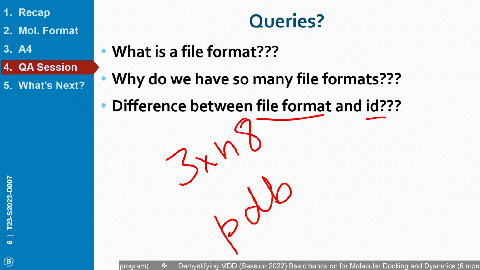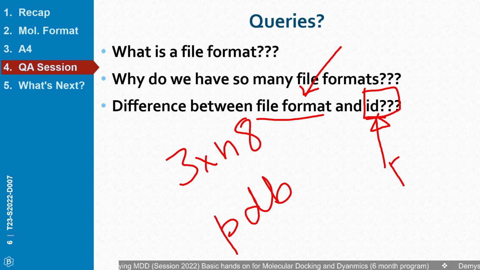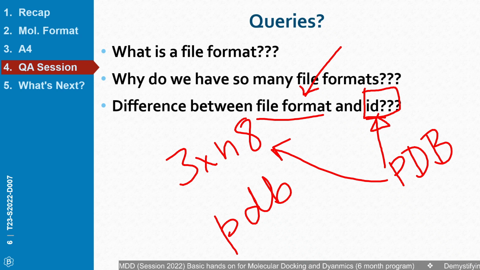I already told you that a file format has a specific syntax or a specific set of rules to represent a structure. Like a text file, or a .md file, or a docx file format, all those file formats are different and used by different software or packages. And an ID is an identifier. If we go to the Protein Data Bank, they have a different ID format, 4 characters or 6 characters.